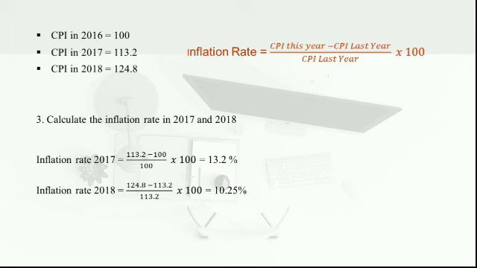We know the CPI in the base year is 100, the CPI in 2017 is 113.2, and the CPI in 2018 is 124.8. The inflation rate in 2017 is 113.2 minus 100, divided by 100, times 100, which is 13.2%.